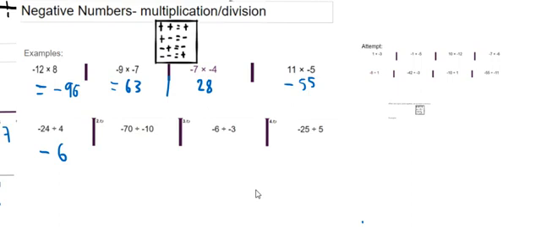Second one, minus 70 divided by minus 10. Minus divided by minus here will give me positive, and 70 divided by 10 is 7. Third one, minus 6 divided by minus 3. Minus divided by minus will give me plus, and 6 divided by 3 is 2. And last one, minus divided by plus will be minus. So 25 divided by 5 is 5.